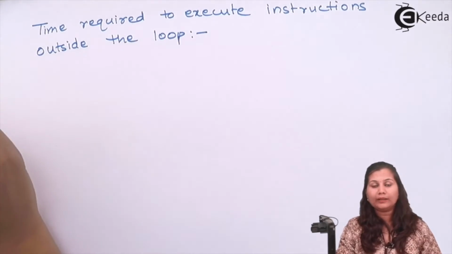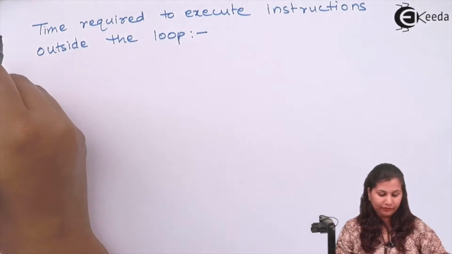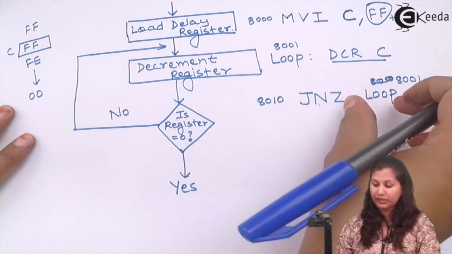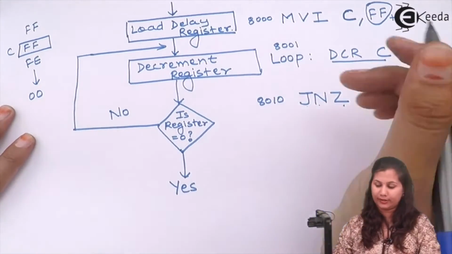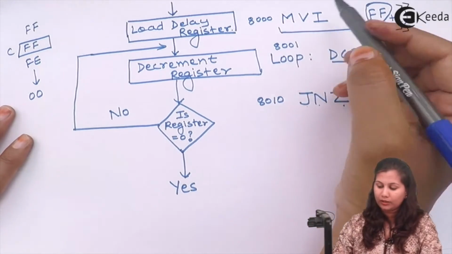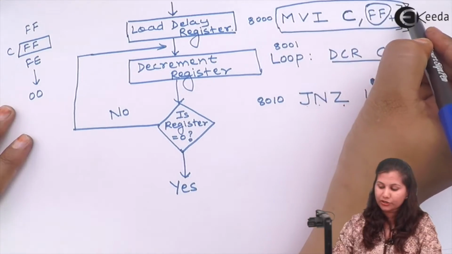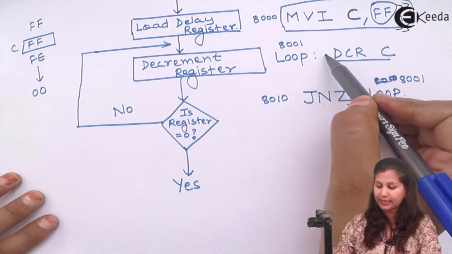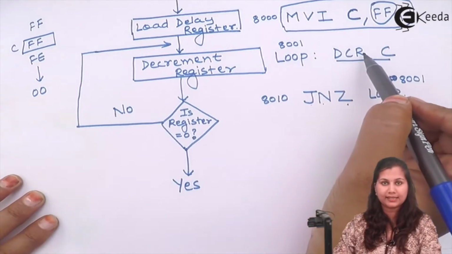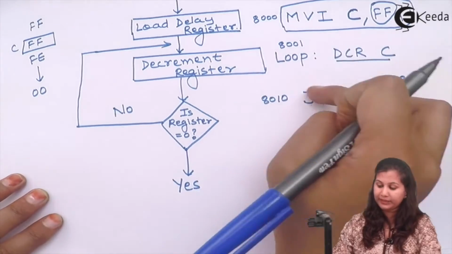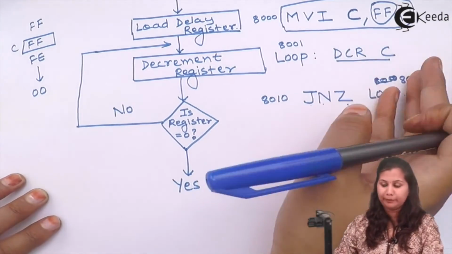First, if we want to calculate the time delay, then we will have to calculate the time required to execute all the instructions. First, we will calculate the time required to execute this first instruction MVI C, then we will see how much time DCR C is taking, how much time JNZ is taking, and how many times this loop has been repeated.